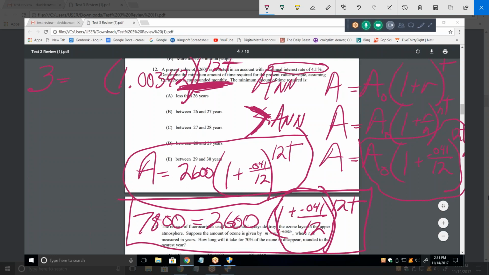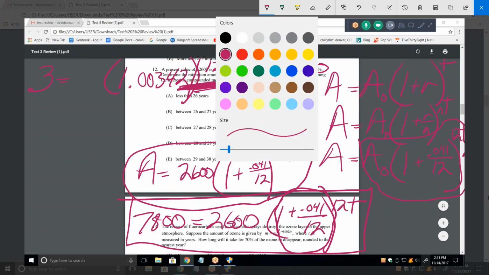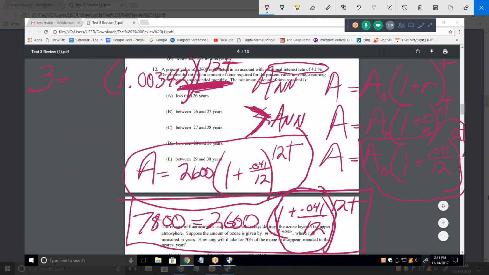And I'll show you why. The left side becomes natural log of 3. The right side becomes natural log of that. I now bring the 12t down in front, and I divide both sides by that number.